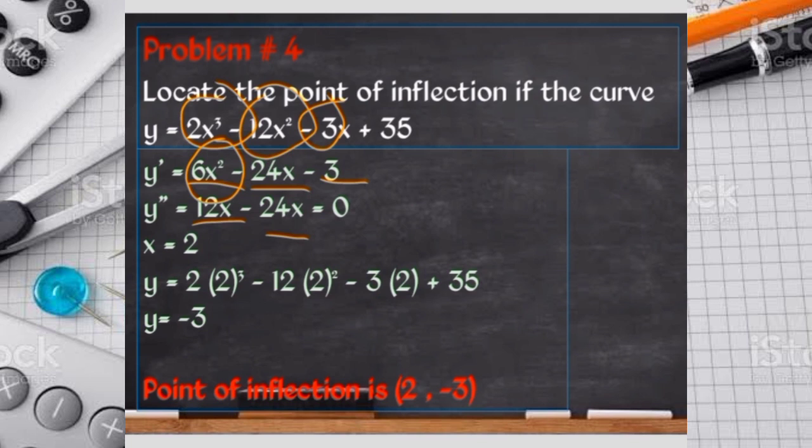So y equals 2 times 2 cubed minus 12 times 2 squared minus 3 times 2 plus 35, and y equals negative 3.